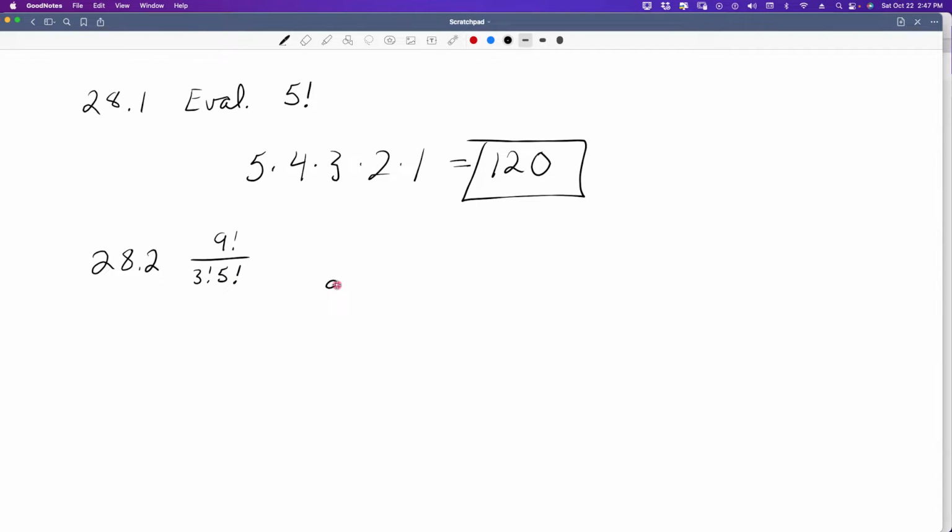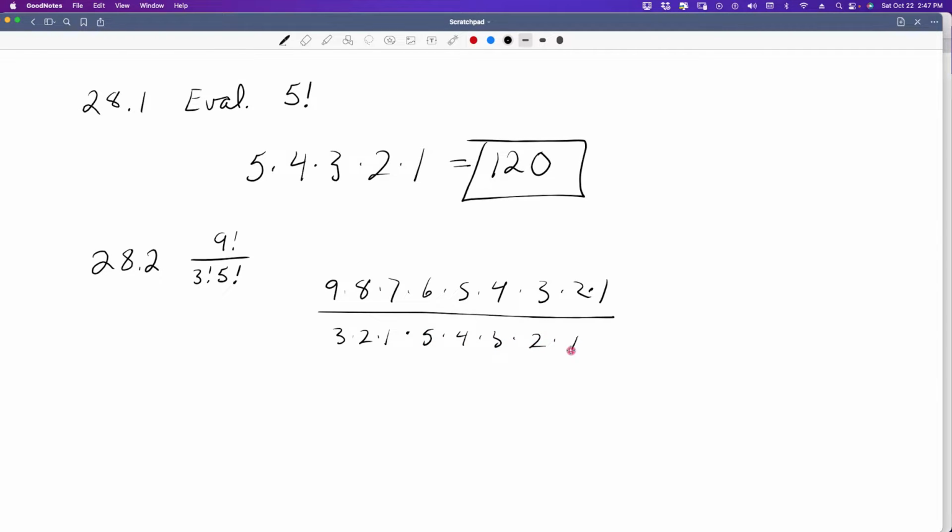So our factors are 9 times 8 times 7 times 6 times 5 times 4 times 3 times 2 times 1, right? Now we have 3 factorial times 5 factorial, so that's 3 times 2 times 1, times 5 times 4 times 3 times 2 times 1.